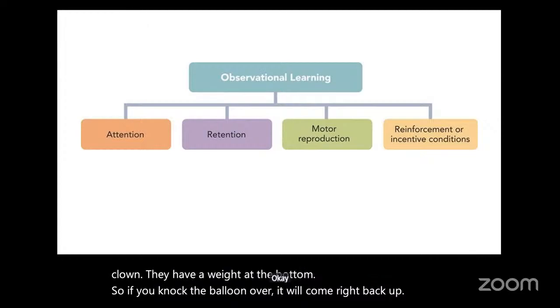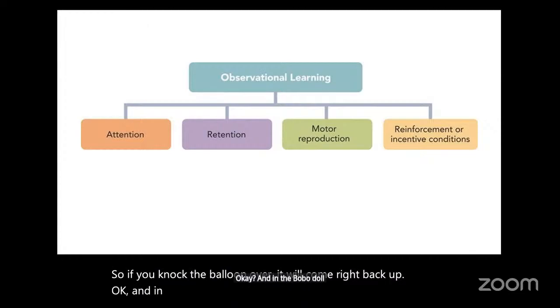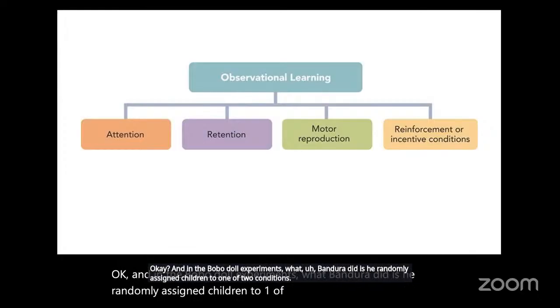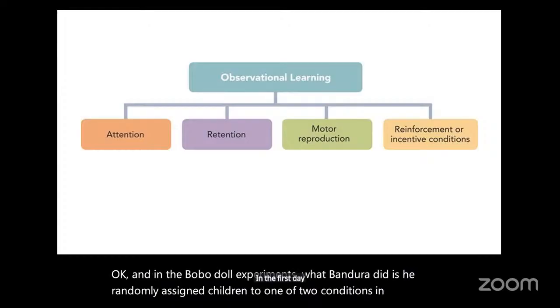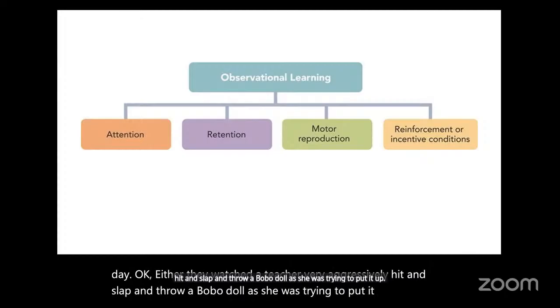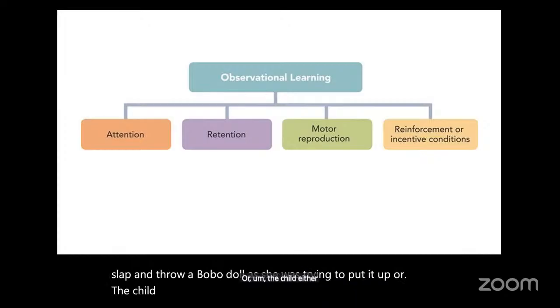Okay. And in the Bobo doll experiments, what Bandura did is he randomly assigned children to one of two conditions on the first day. Either they watched a teacher very aggressively hit and slap and throw a Bobo doll as she was trying to put it up, or the child watched a teacher who just put the Bobo doll up normally without any aggression.